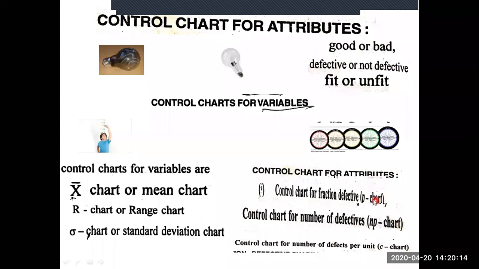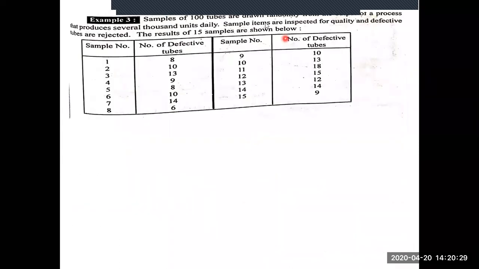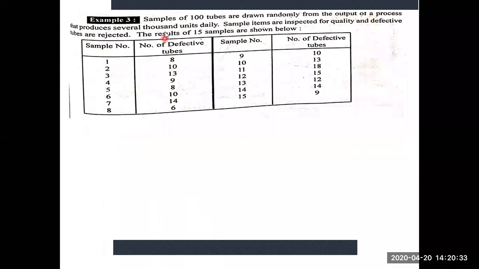You have to remember that. For variables: X bar chart, R chart and sigma chart. Next we will discuss one problem, and then you will understand the meaning exactly. Now we are discussing the P chart.